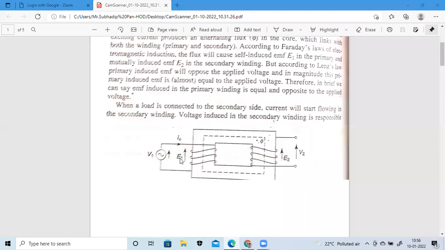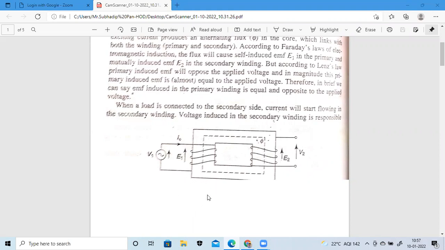As mentioned, the instantaneous voltage is vs equals Vm sin omega t, and the flux also follows the sinusoidal waveform, so the instantaneous flux phi equals phi maximum sin omega t.